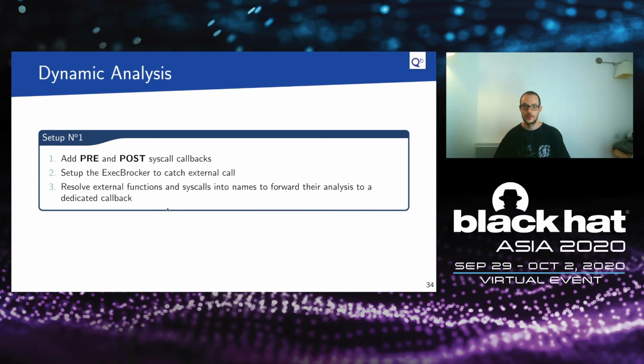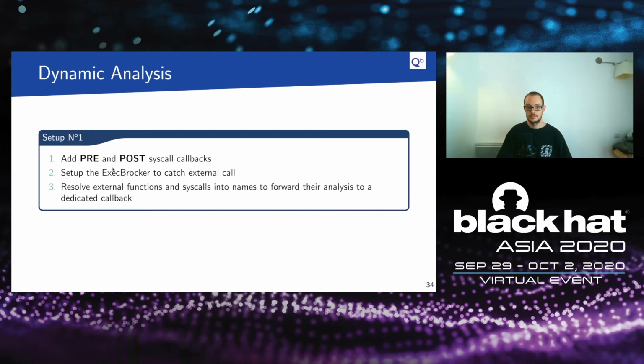One of the first configurations that we can use to address obfuscated code is to set up a syscall callback, because sometimes obfuscators try to inline syscall functions so that you can't do, for instance, hooking. But since you have QBDI, you can have a callback on syscalls and it's okay.